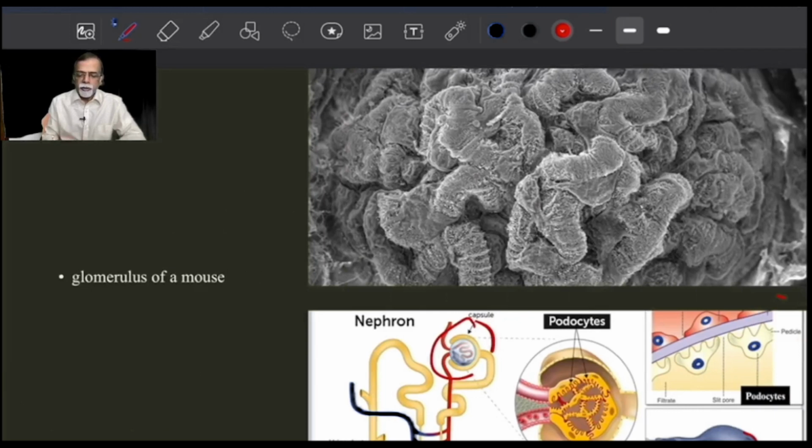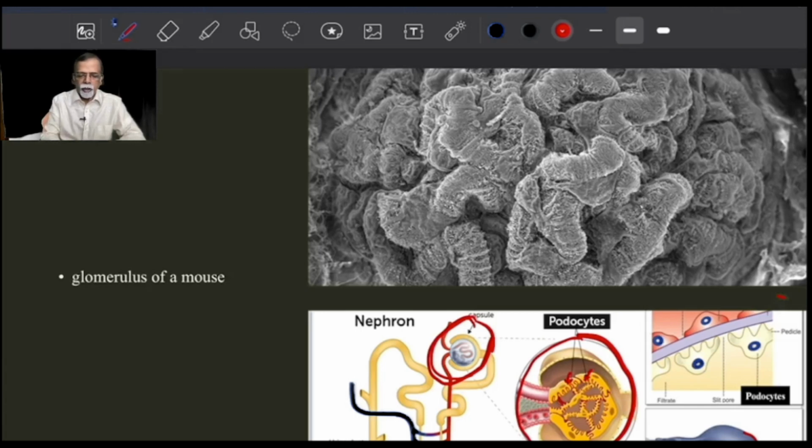So this picture shows the electron micrograph of the glomerulus of a mouse, and this is the glomerulus, and in the enlarged view here you can see that the glomerular capillaries are wrapped by the foot processes of the podocytes.